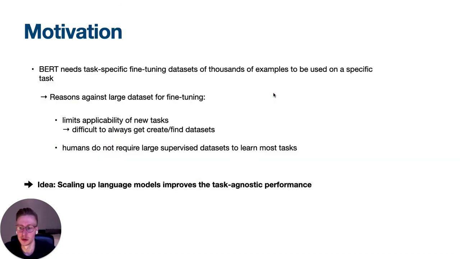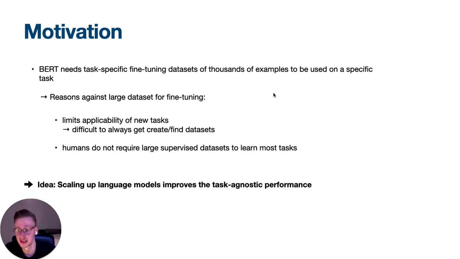So what was the motivation in general of OpenAI to create GPT-3? The BERT model from Google, for example, or other models need task-specific fine-tuning datasets of thousands of examples to be used on a specific task. And there are some reasons that are against those large data sets that you need for fine-tuning. First of all, it limits the applicability to new tasks. So it's always difficult to create or find new data sets.